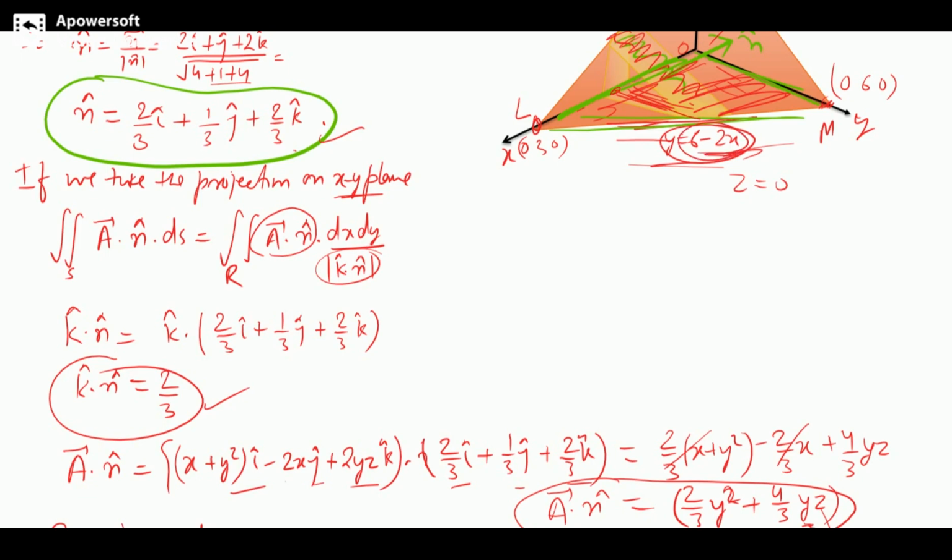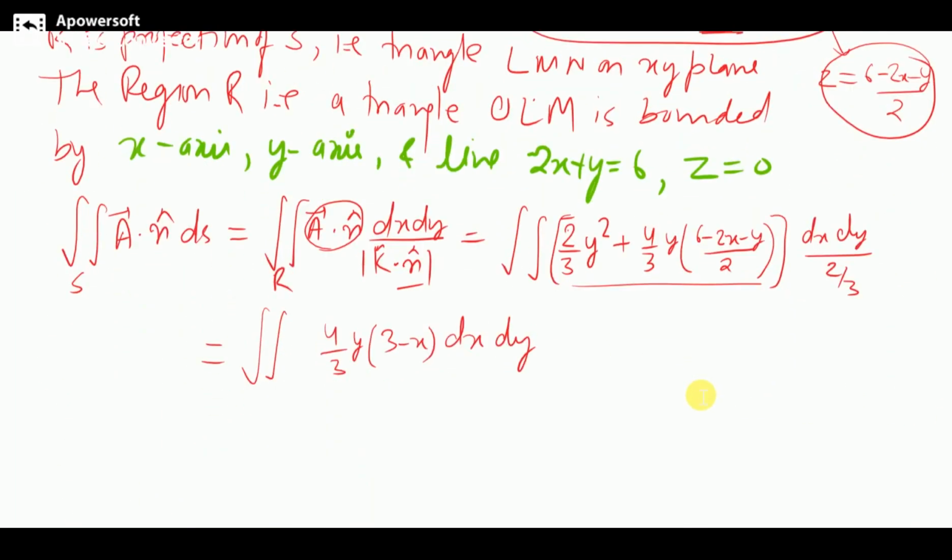Otherwise, x varies 0 to 3, and y varies 0 to 6 minus 2x. So in that way we can say 0 to 3 is the limit of x, and 0 to 6 minus 2x is the limit of y. And now we take the integration of that.